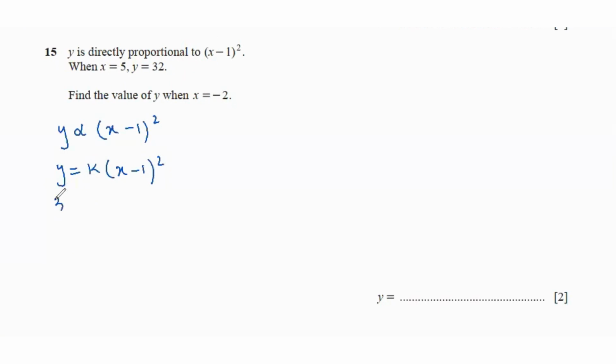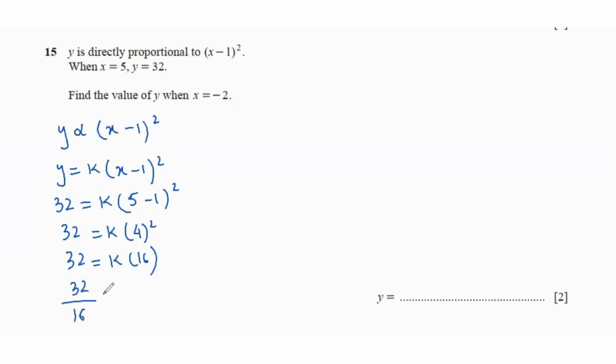Substitute the values. 32 equals k times 5 minus 1 whole square. 32 equals k times 4 square, which is k times 16. 32 divided by 16 is the value of k, which is 2.